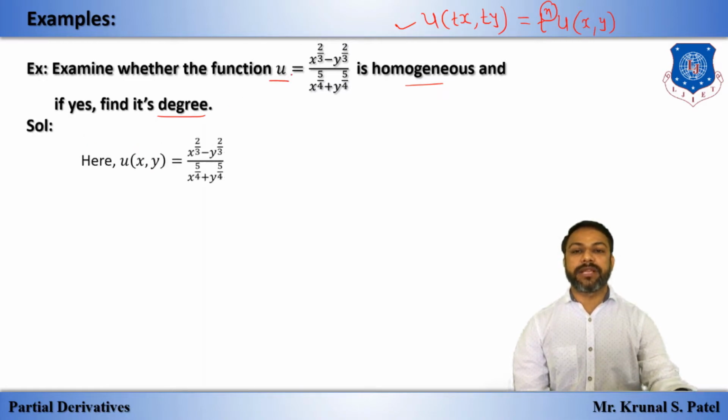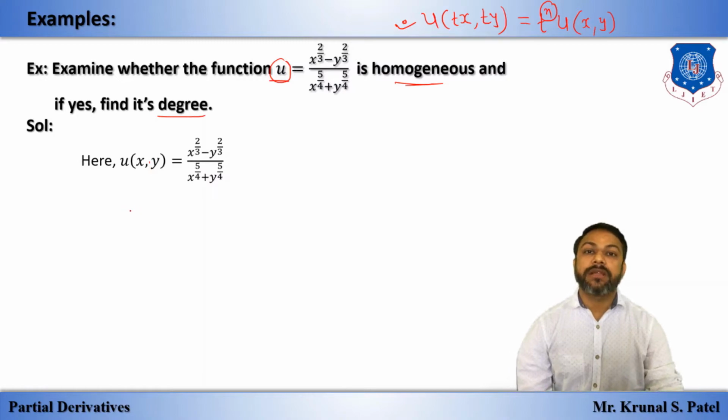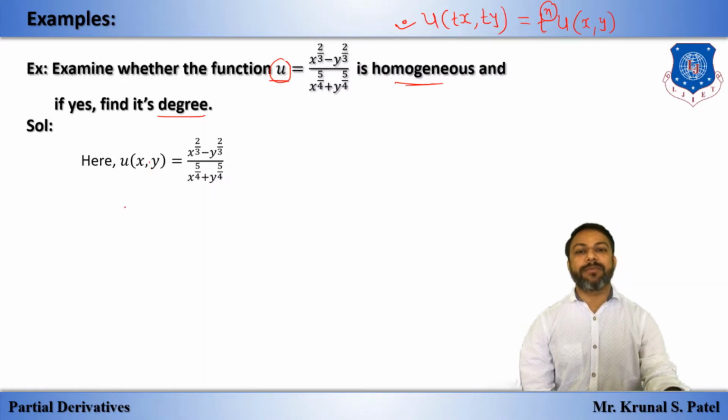First, we write down the given function u. But to check by this method, we will write this u as u of x comma y, because u is a function of x and y. Other than this, there is no use of writing x comma y, but to check homogeneity we have to write this because we have to put x by tx and y by ty.